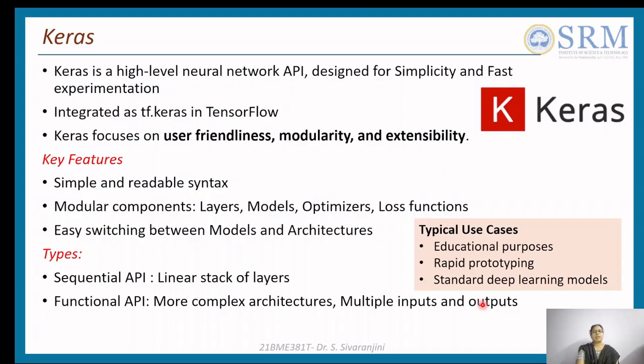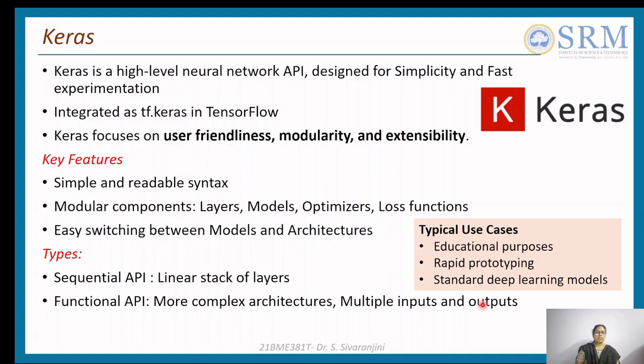The sequential API is a linear stack of layers, and each layer will be one above the other. The functional API is a more complex structure, with multiple inputs and outputs.